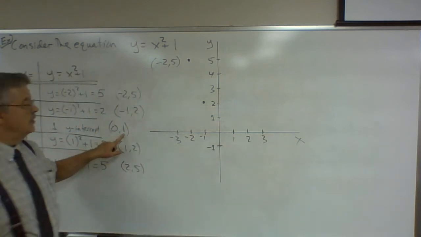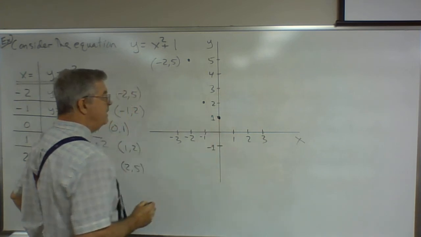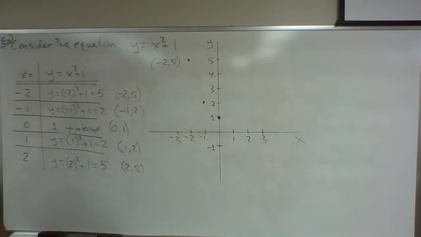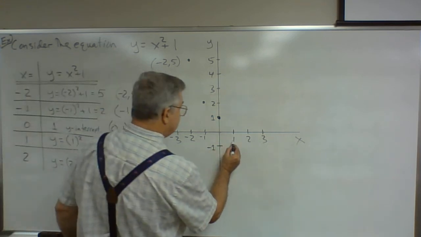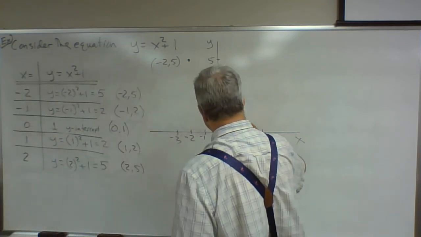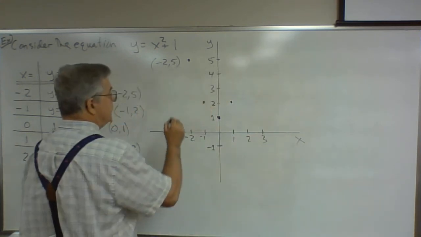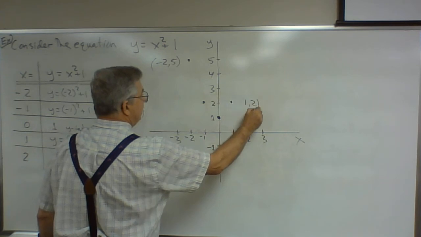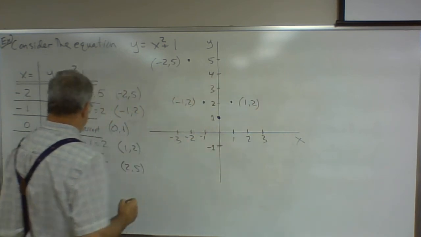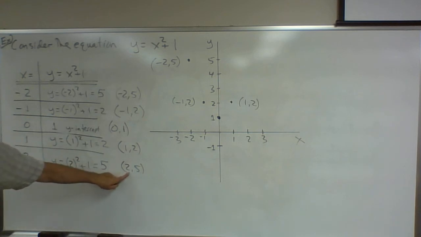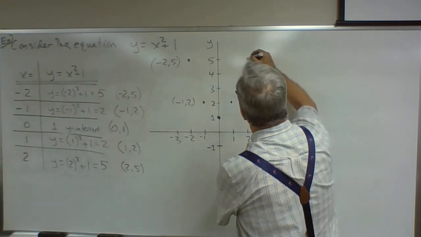x equals 0, y equals 1. Here's our intercept, our y-intercept. x equal 1, y equals 2. Here's x equal 1. y equals 2. And finally, x equal 2, y equal 5. Here's x equal 2.